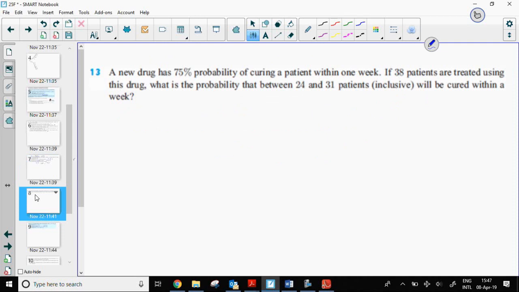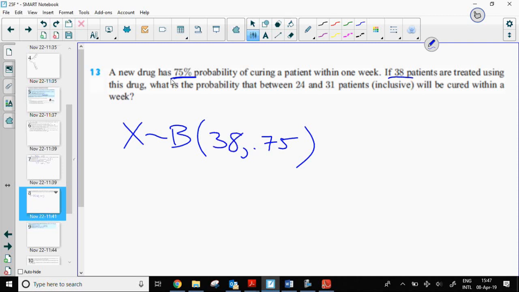Okay, next up, I'm seeing a percentage. That's going to be my probability of success. I'm seeing a number of patients being treated with a drug. That's going to be my n. So that's my work that I'm going to put down.